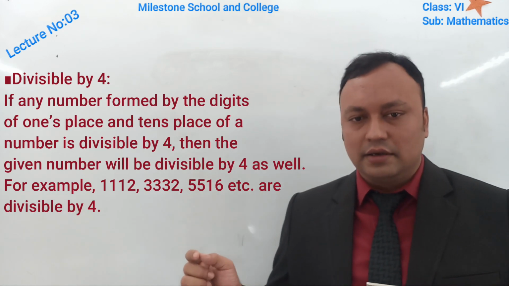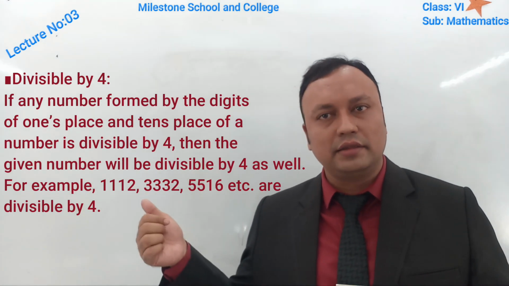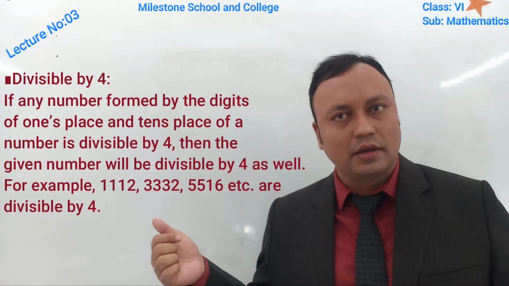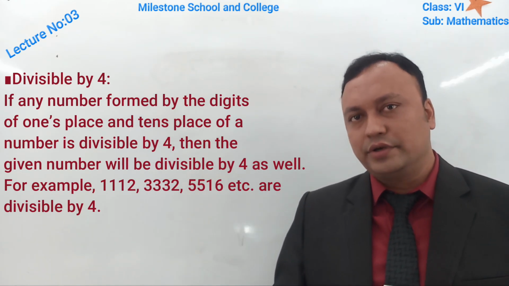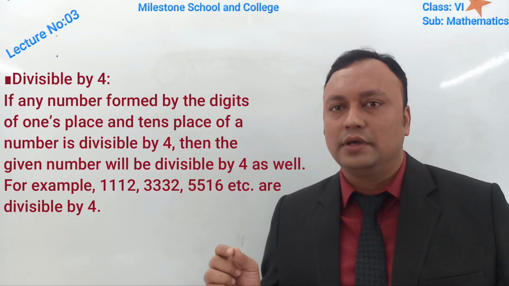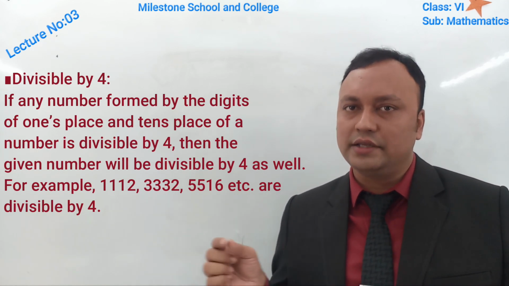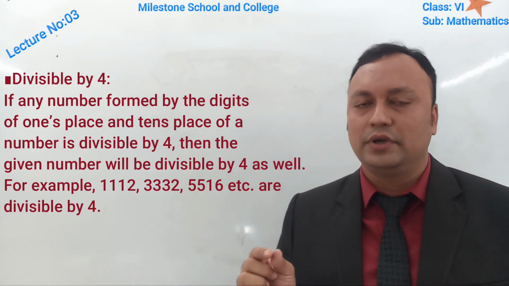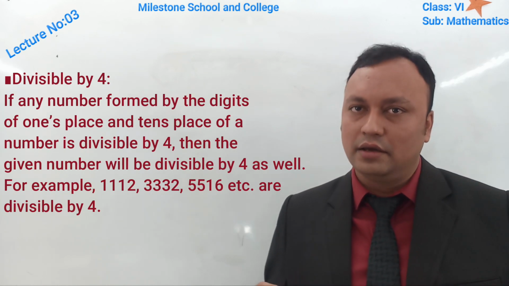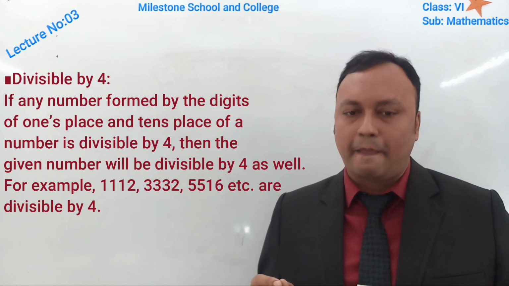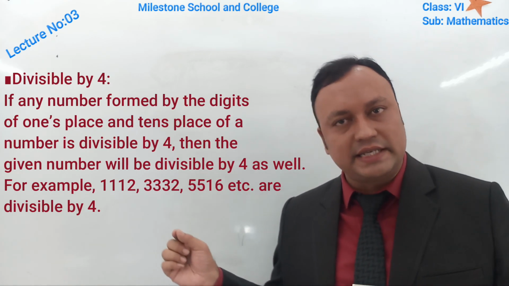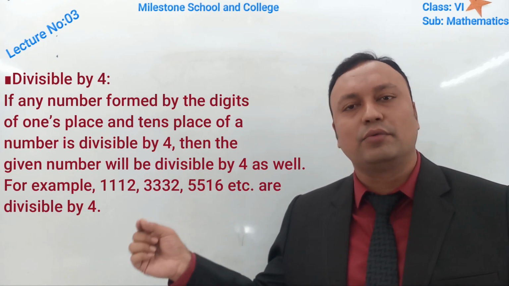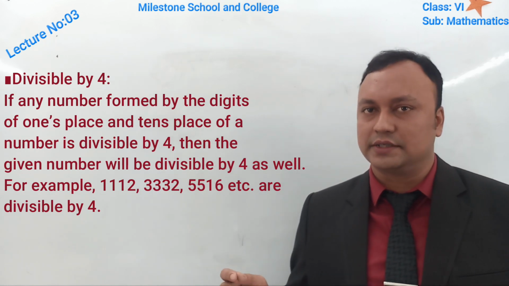then this whole number will be divisible by 4. Again you can see 3332, the ones place is 2 and the tens place is 3. So if this 32 is divisible by 4, then this whole number will be divisible by 4. 5516, 6 is the ones place, 1 is the tens place.